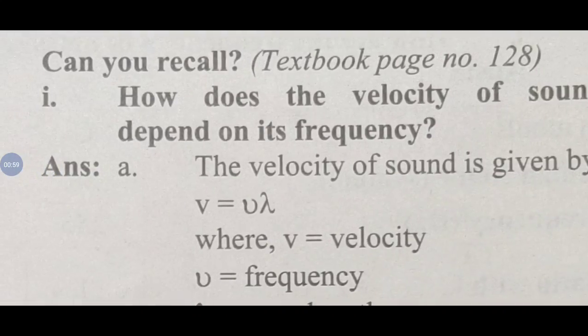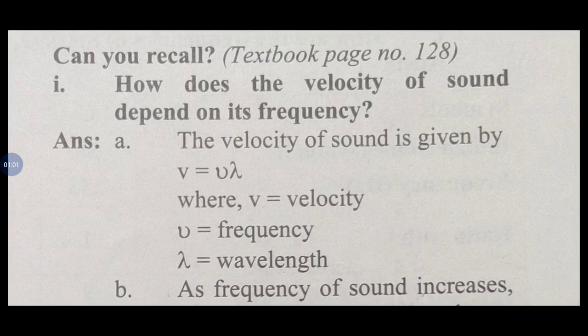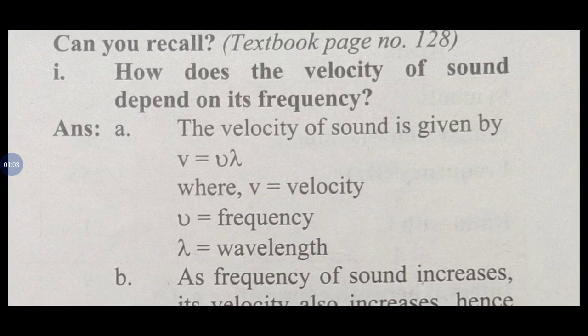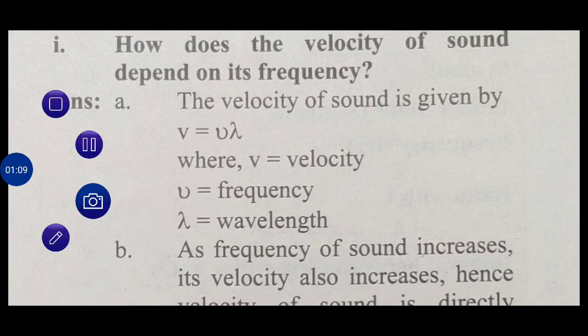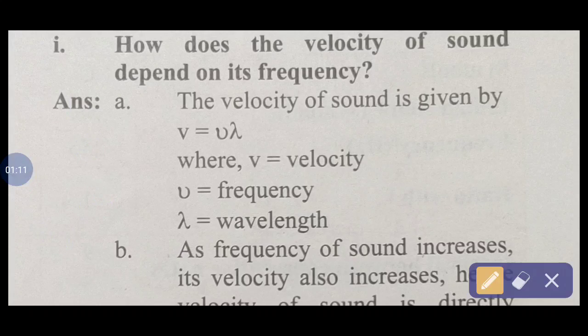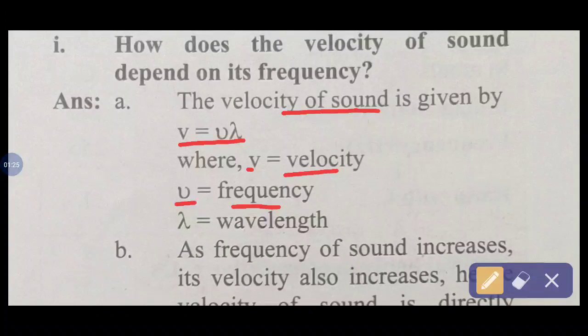Check here. First one: how does the velocity of sound depend on its frequency? The velocity of sound is given by V is equal to nu lambda. What are the meanings of these terms? V means velocity. The symbol nu means frequency.